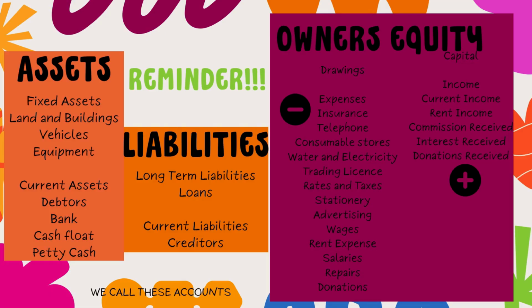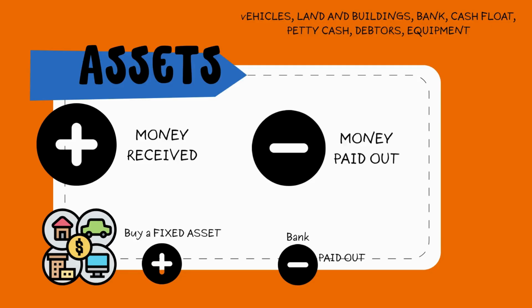Remember, we call these accounts. We open up accounts because transactions are being made every day in a business. Whether you are buying something or whether you are paying something, that is a transaction. Okay. Assets. Remember, vehicles, land and buildings, bank, cash float, petty cash, debtors, equipment.